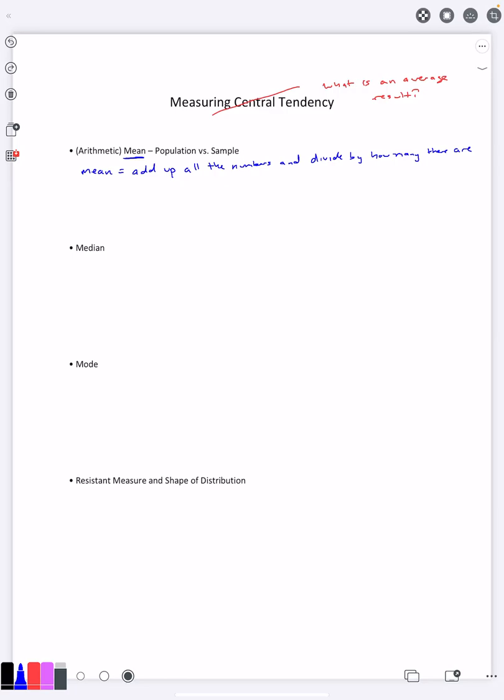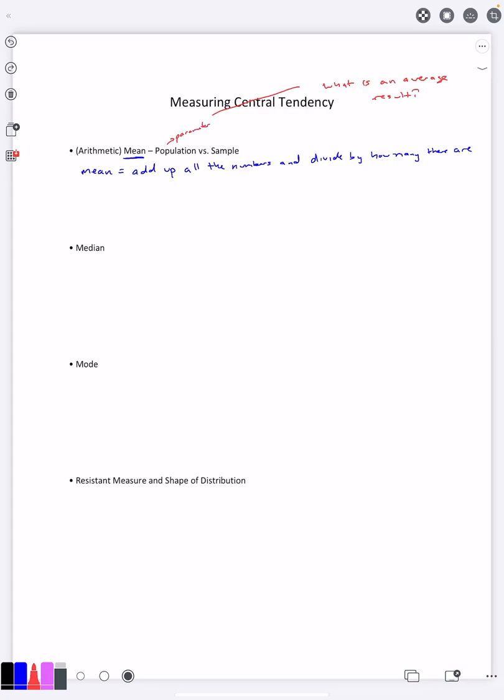Now, furthermore, I said these formulas can seem complicated. I mentioned in a previous video we have these things called parameters and statistics. So when you do a numerical calculation for population data, you get a parameter. So population will give us a parameter.